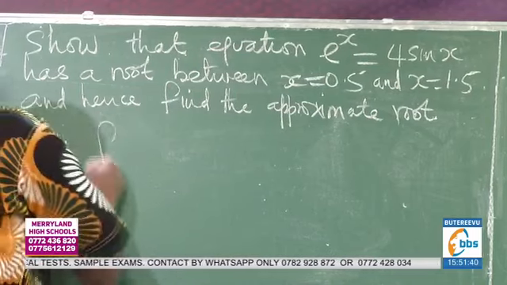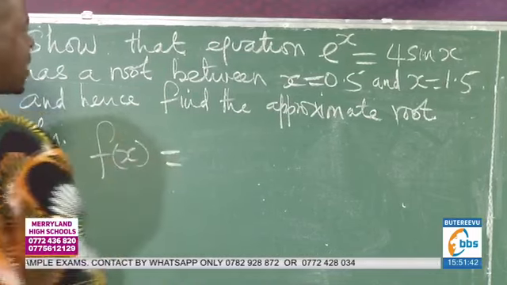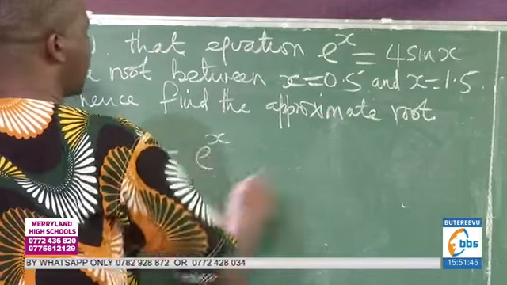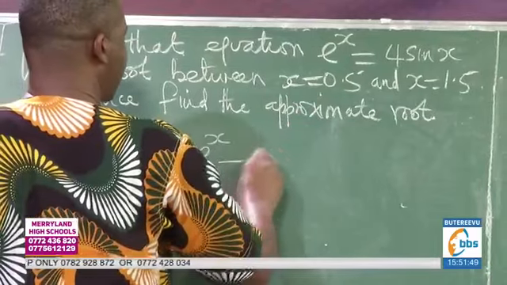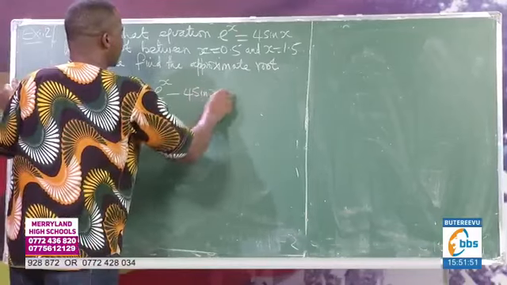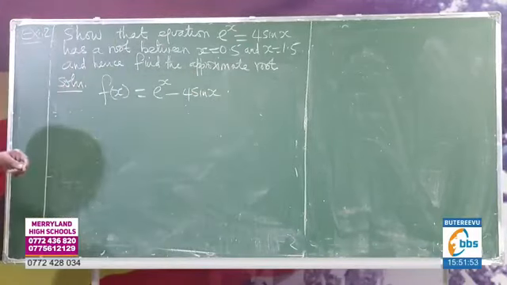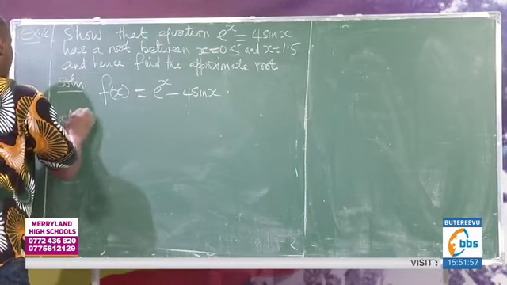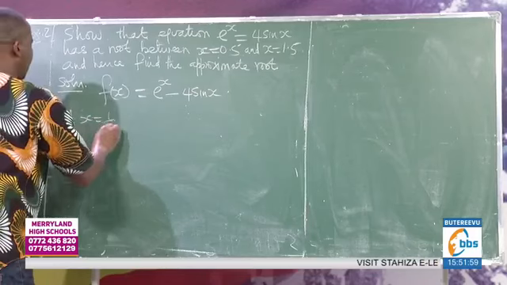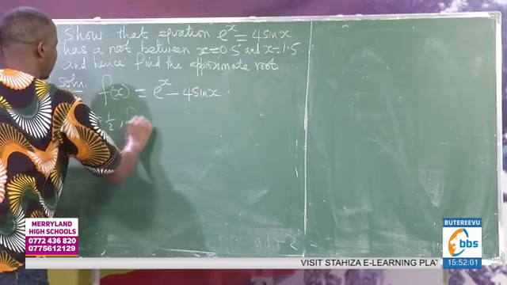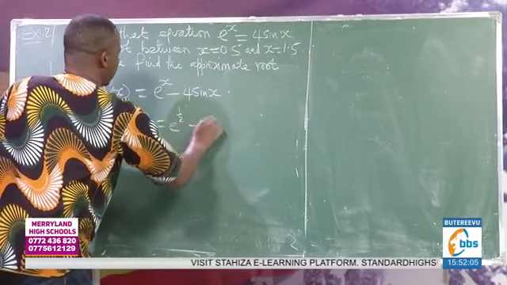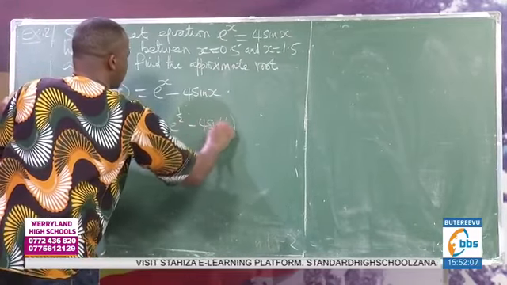Quickly, our function should be picked out. Now our function is this. We pick it out by subtracting this there, and we write it in this format. That becomes our function. To show that a root lies in between, we shall say that at x as a half, we put in our f of a half, and we shall get e to the half minus 4 sine of a half.